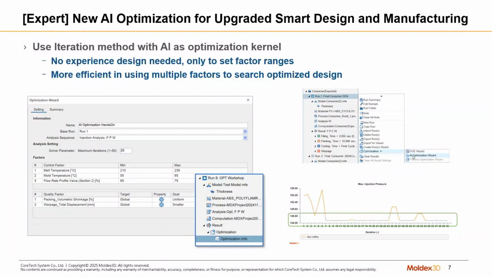Instead of setting up individual data points, you will be able to set a range. And so this AI Optimization Wizard will test within this range to get to the optimized value. In this case, we have max injection pressure. You can see that it runs several iterations along the way to achieve the lowest injection pressure possible.